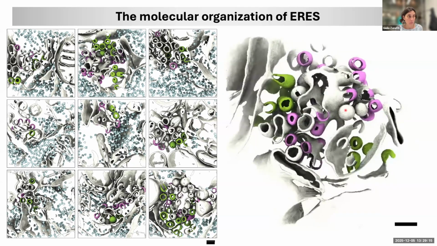So you can see there's also some non-coated vesicles. We cannot possibly know what these are. It's likely that they are uncoated events, but of course there's no way to know because cryo-ET is not a dynamic technique. So we're only freezing things at one certain point in time.